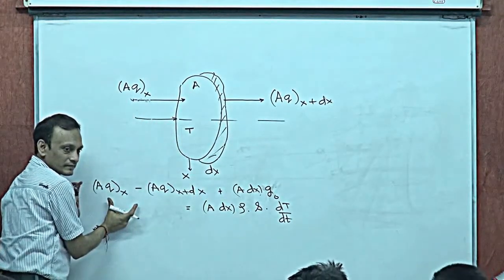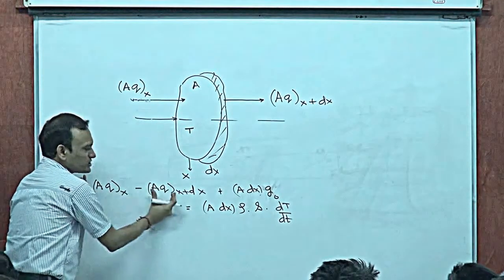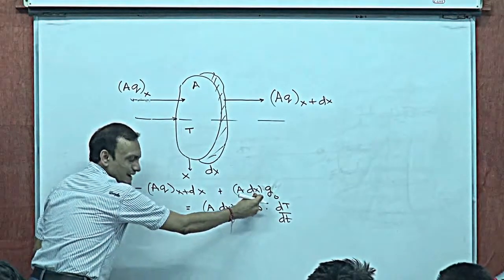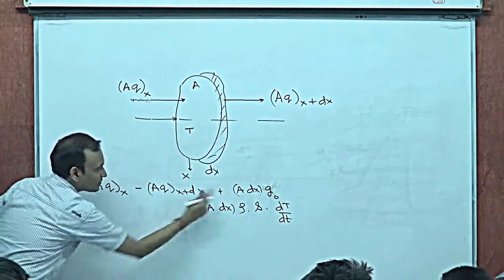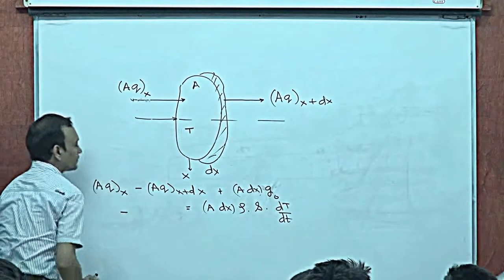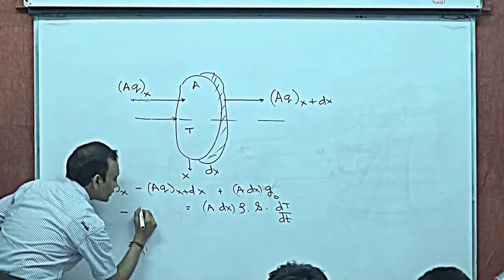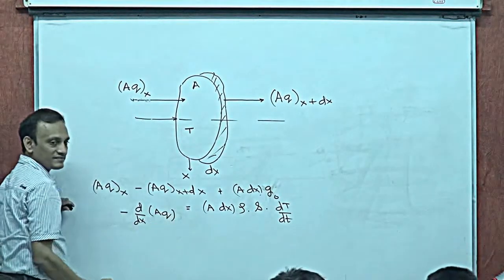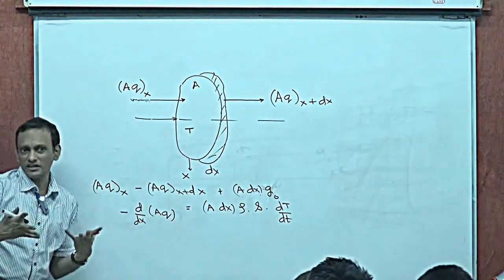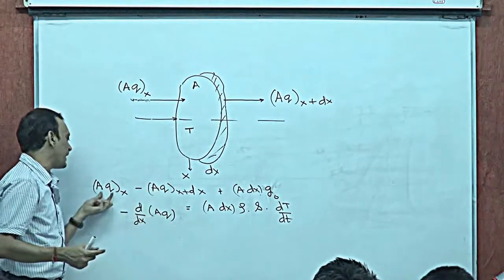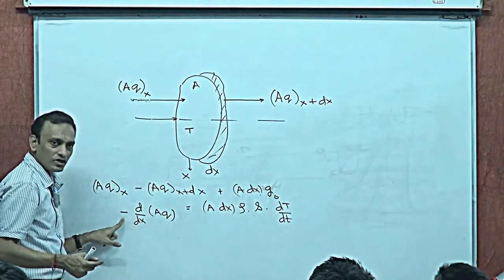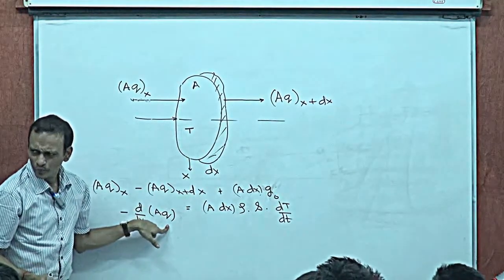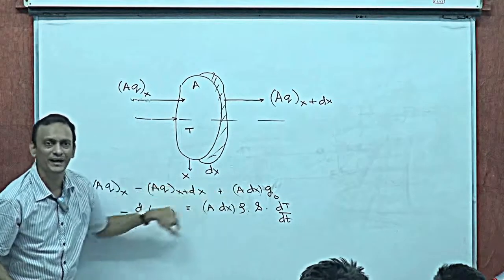Then this would be the negative of the change in AQ divided by dx, right? This is AQ at x plus dx minus AQ at x, with the minus taken out. If I divide by dx, it will become minus d/dx of AQ, right? AQ is a function of x.